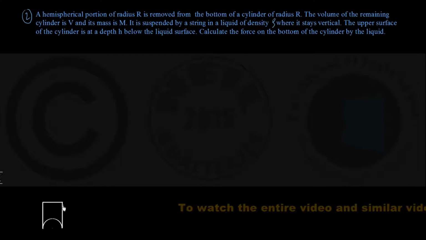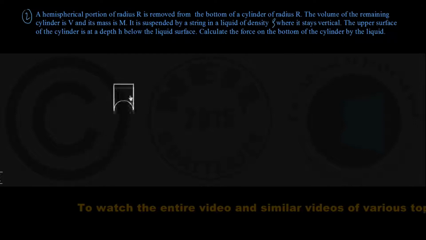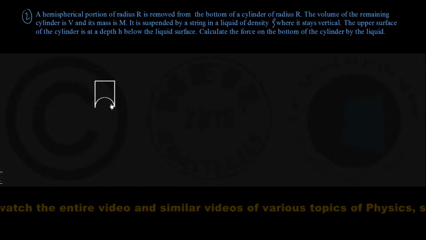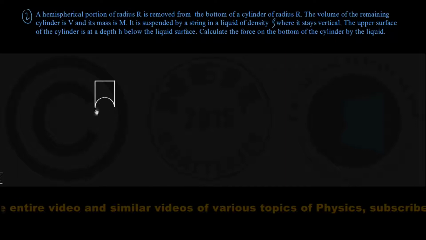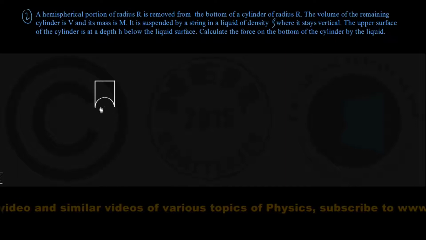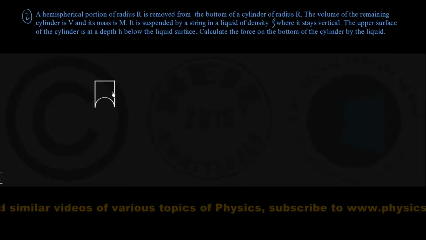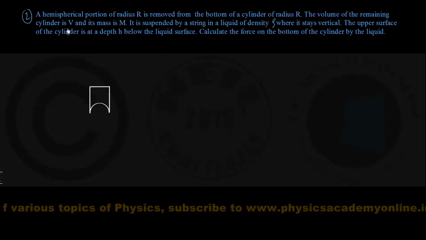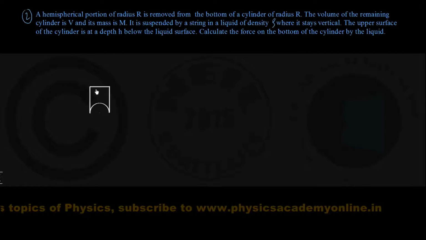So let us construct a figure to understand the situation of the problem. This is the body that is immersed in the liquid. Originally it was a cylinder, but as you can see from the bottom, a hemispherical part of the same radius as the cylinder has been cut out. And for this cylindrical element, the volume is capital V and mass is m.